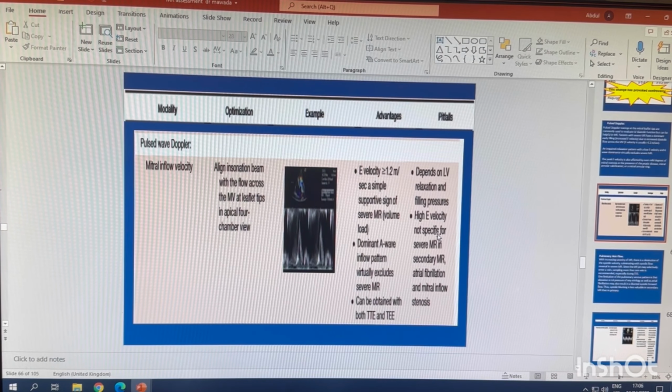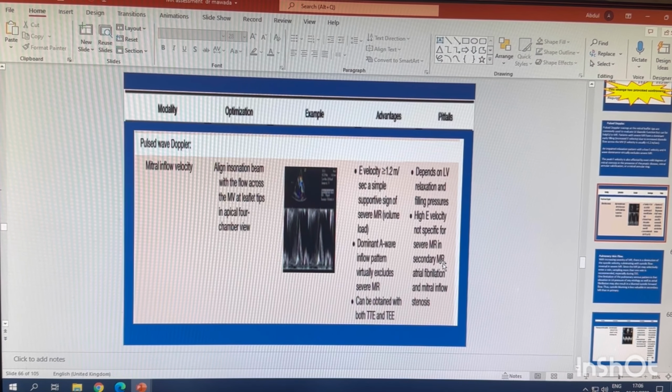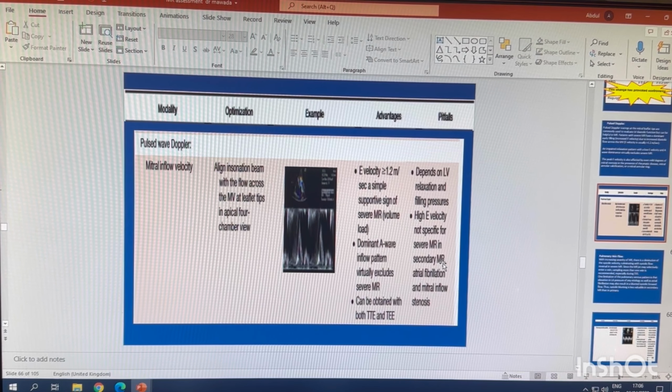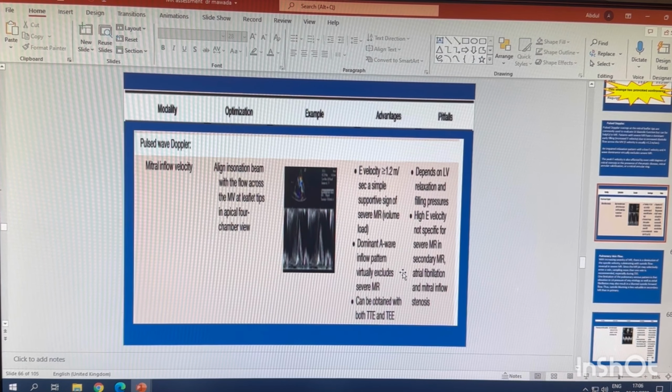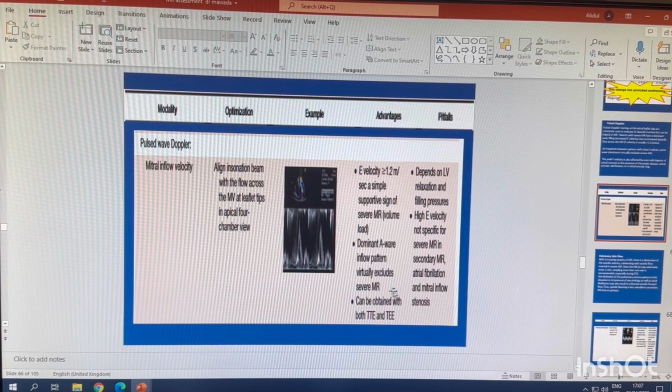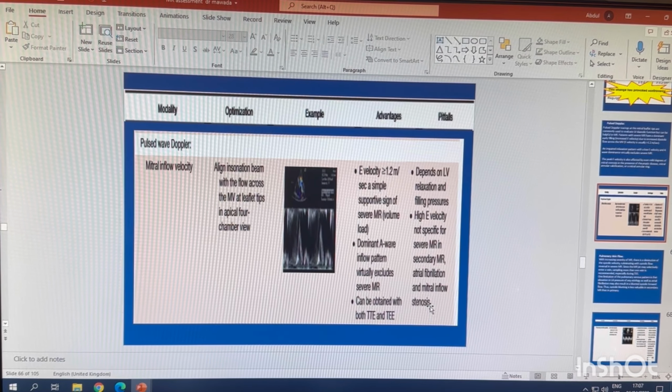High E velocity is not specific for severe MR. When you have a secondary MR and a high E velocity, it doesn't mean that it's severe MR, because in secondary MR you might have systolic dysfunction and then diastolic dysfunction, so it could be a combination of different things. So you should not rely on this one in secondary MR. And also atrial fibrillation and mitral inflow stenosis. In these conditions, you should not rely on mitral E velocity.